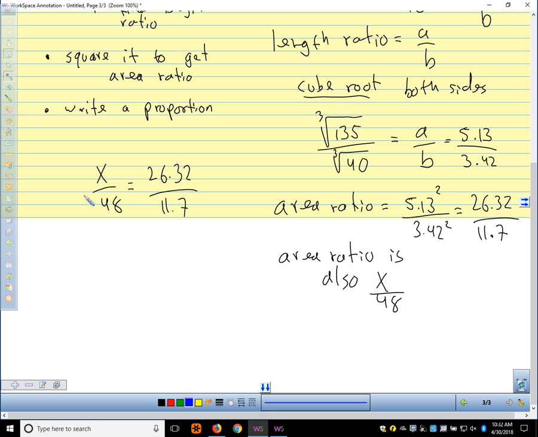To solve this, I'm just going to multiply both sides by 48. Those go away, and I get x is 26.32 times 48 divided by 11.7. And I get that x is 108 square inches.